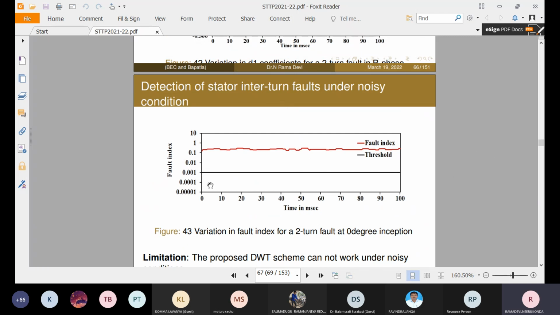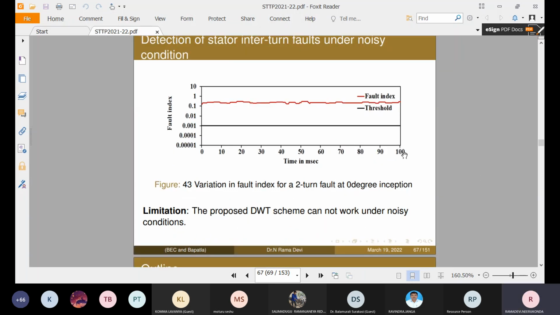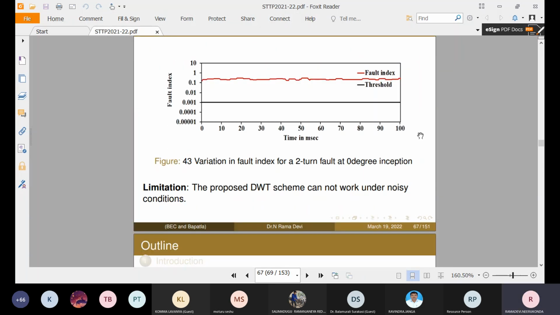The fault actually happened at 0 degrees inception after 60 milliseconds, but every instant has a fault index value higher than the threshold. So whenever noise is incorporated in the signal, the detection algorithm fails to identify the fault instant.